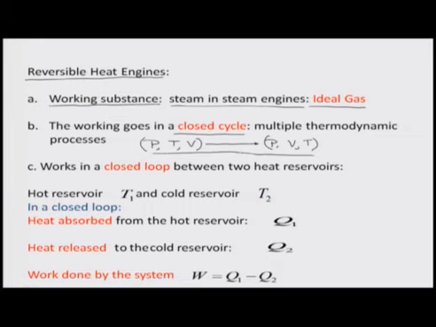An engine goes in a closed cycle. That is obvious, so that we can keep on getting work from the engine. But also obvious is that it involves multiple thermodynamic processes.